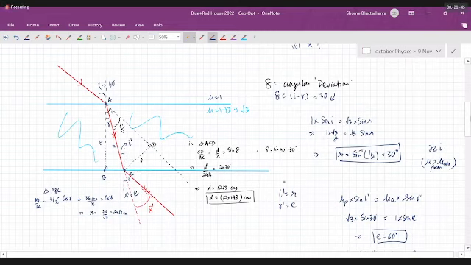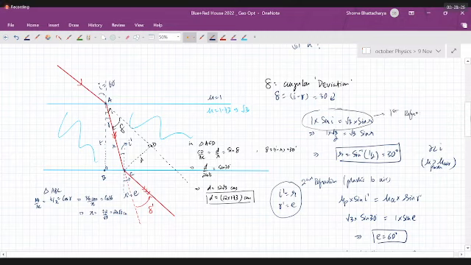Whereas this Snell's law that we did was for the first refraction. Point of incidence was A for this one, that is air to plastic. Is it clear now? Yes, sir.